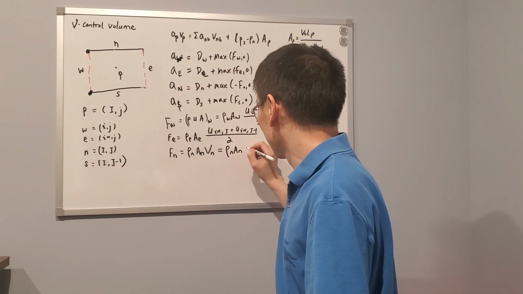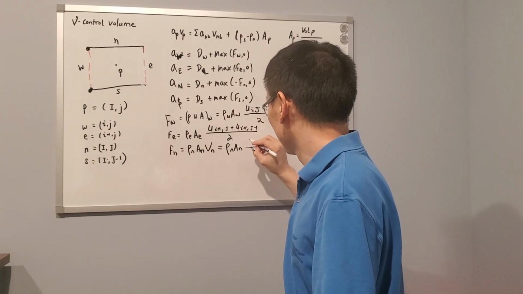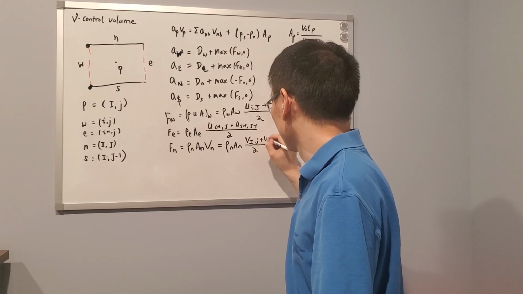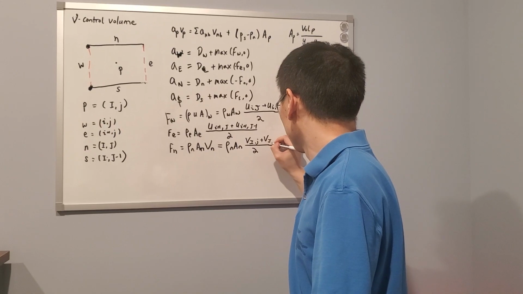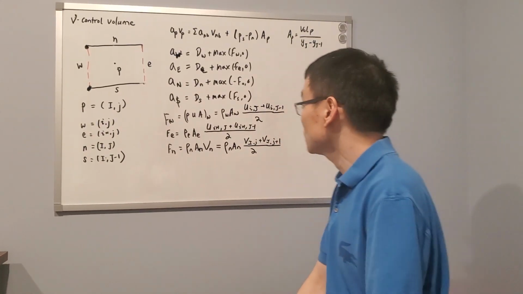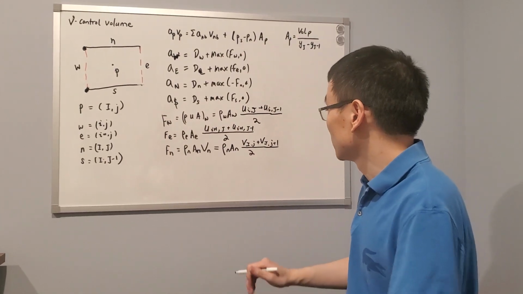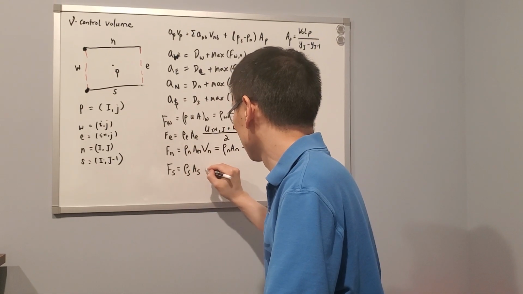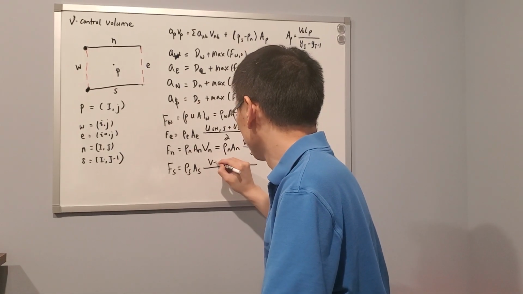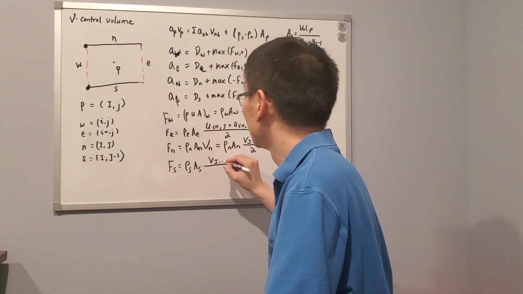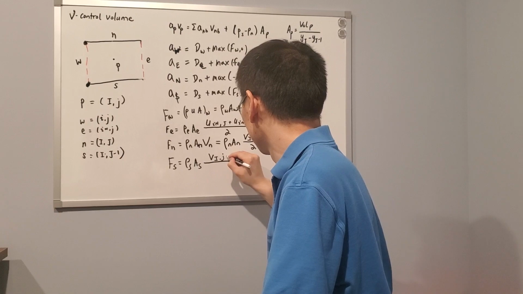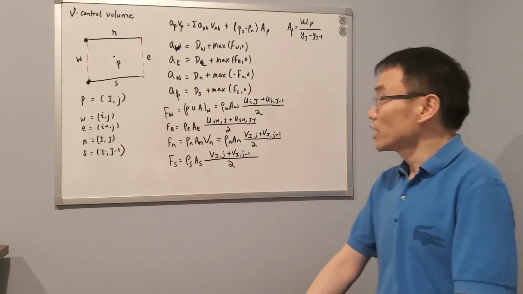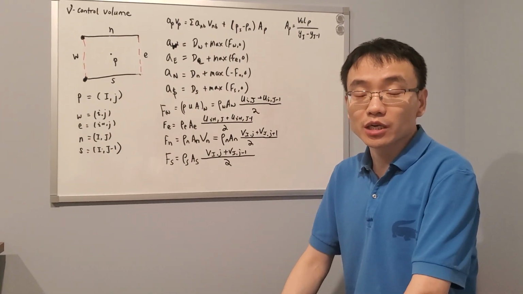We can do an average of Vij plus Vij plus 1. All right, so similarly, Fs will be rho S AS times Vij plus Vij minus 1 divided by 2. Okay, so all F terms are computed.